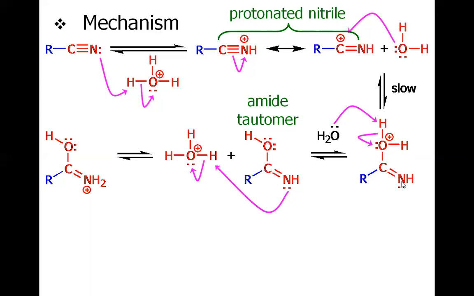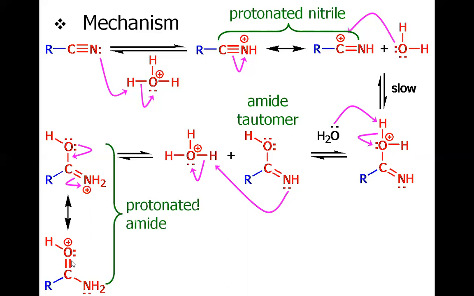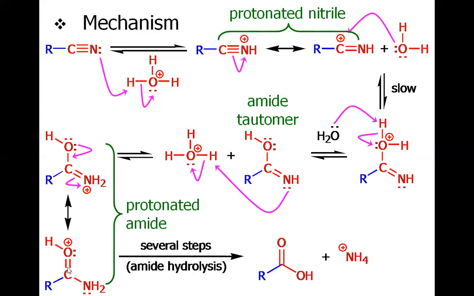This H may also come here to this nitrogen to have this iminium ion formed. And here, this oxygen's lone pair will make the C=O double bond. As a result, this C=N double bond will be broken to have this intermediate form. So if you look at this intermediate, you may think that after a few steps, we will have the hydrolysis and we will have the carboxylic acid formed as our desired product.